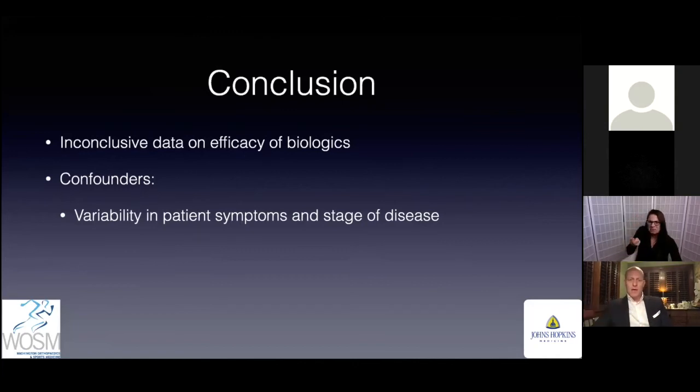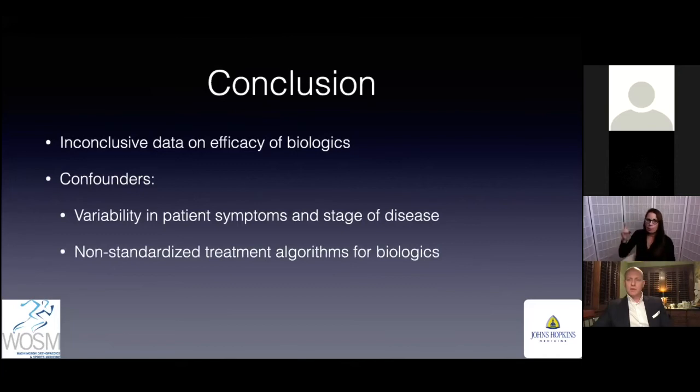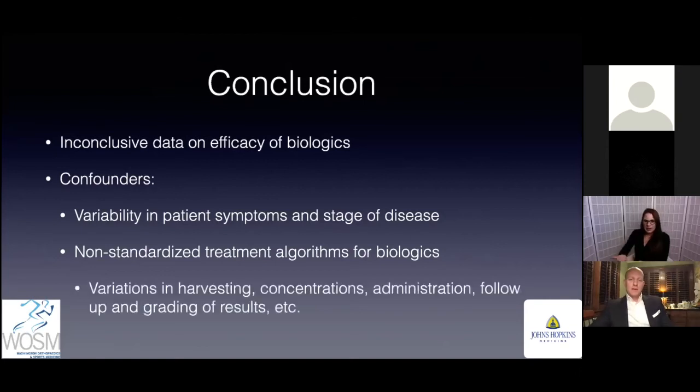So patients present at different stages with different clinical complaints. The treatment algorithm, so how many shots patients receive, the concentration of PRP, for example, or the volume of stem cells, how things are harvested, has enormous variability, making it difficult to standardize these treatment methods. And then the grading scale is complicated as well.